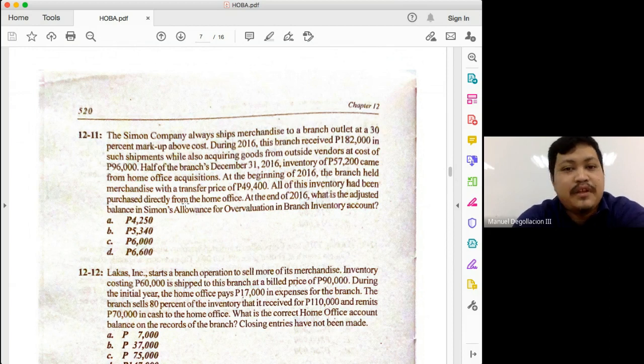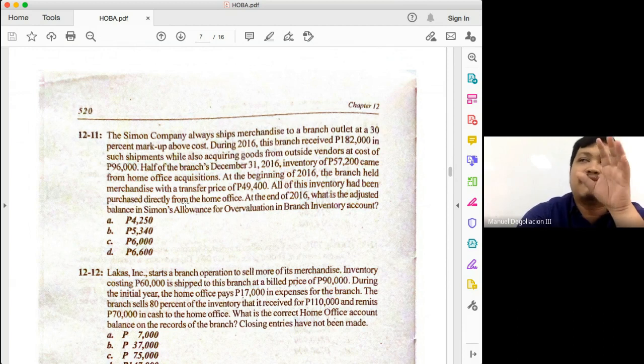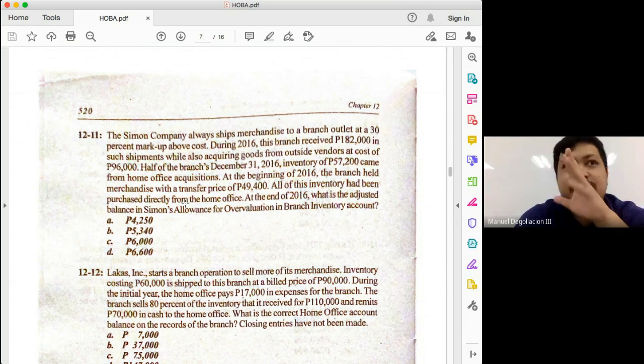Our answer was 50,600. Alternative way for that question to be asked, class, is: how much is the inventory of the branch as far as the home office is concerned? Because if the question asks from the perspective of the home office, then you are asked for the true cost.